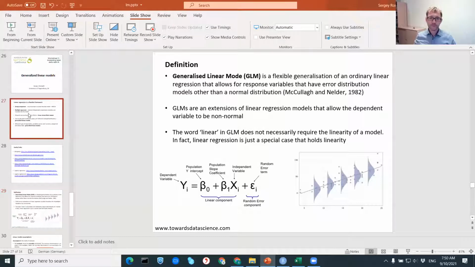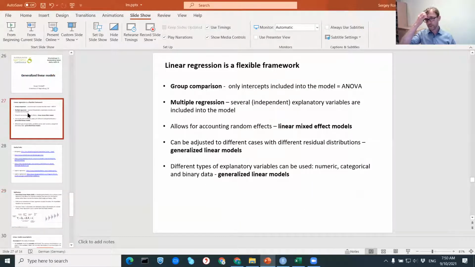So just to wrap it up, what we have learned so far is that linear regression is a very flexible statistical framework. What you can do with that is not only fit a simple linear function to data, but you could also compare groups of objects, like temperatures in our case. In this vein, it's very similar to ANOVA, the classical test all of you most likely know.